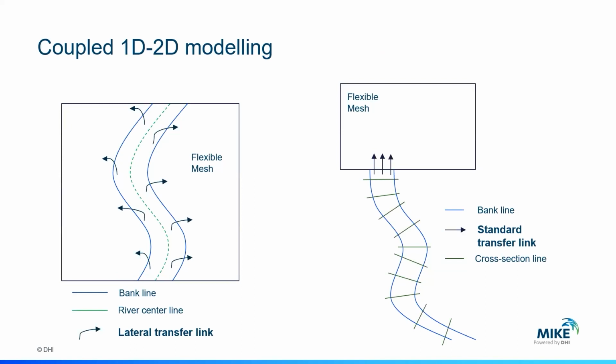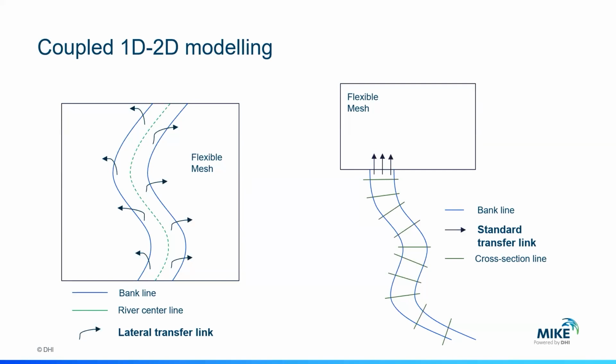Just as a couple of details regarding how MIKE+ works with the coupled 1D 2D approach, MIKE+ offers the functionality of two types of linkages. On the left side of the slide, we can see the lateral link possibility, where we can couple a river system with a 2D domain along the river, and then water can be transferred from the 1D system into the 2D domain and vice versa.